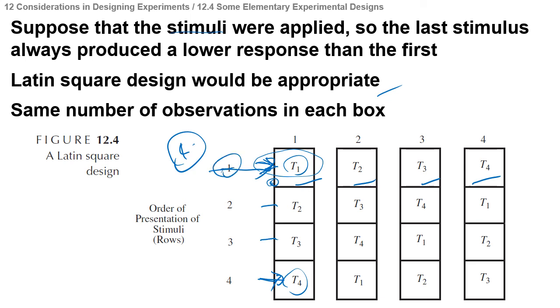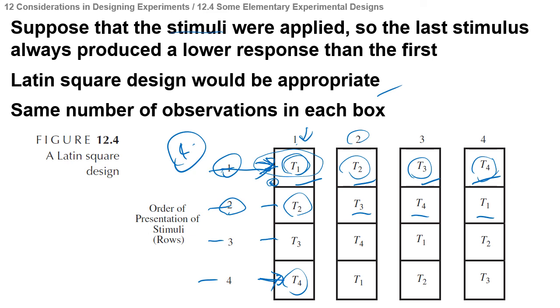For the first row, T1 appears once in block 1, T2 appears once in block 2, T3 appears once, and T4 appears once. The same thing is true for the second, third, and fourth rows. Each treatment appears once in the corresponding row. This means the treatments are balanced.